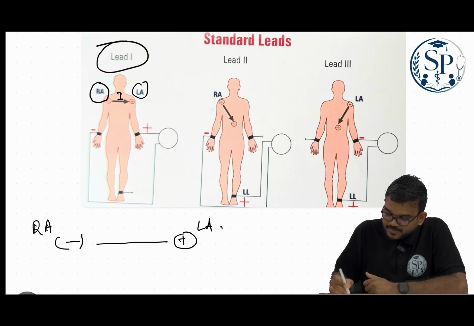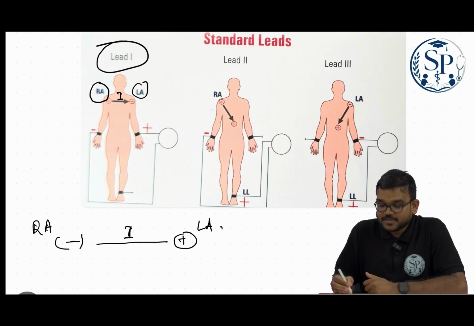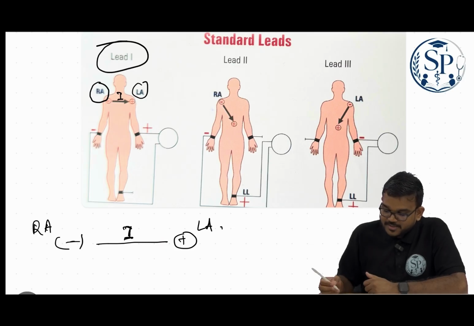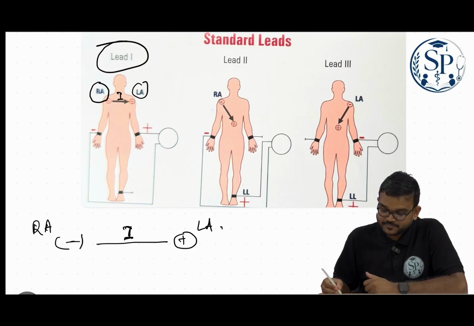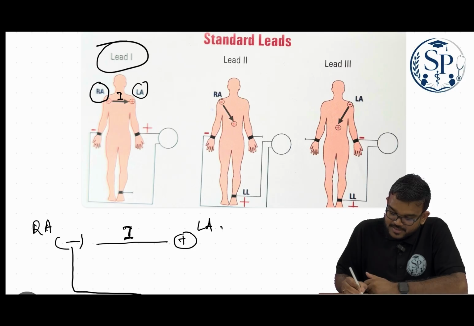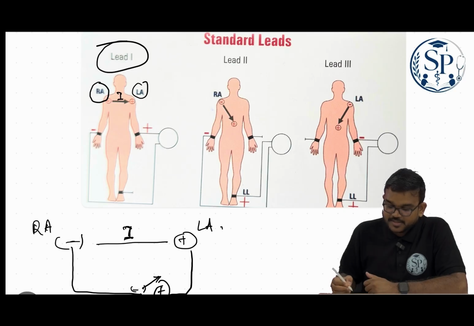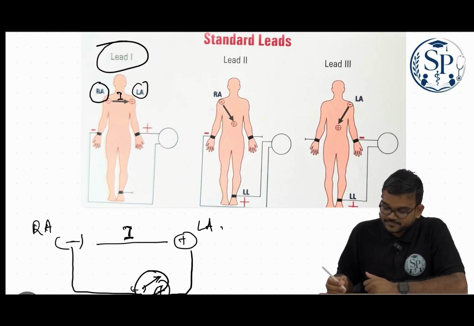It shows the potential difference between the right arm and left arm. The negative end is connected to the negative end of the galvanometer, and the positive electrode is attached to the positive end of the galvanometer, and it shows the deflection.